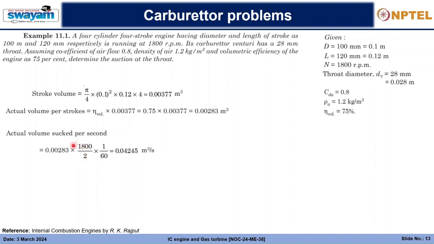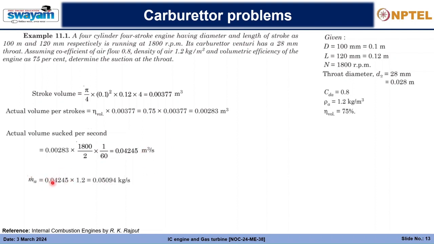So 1800 rpm means in 1 minute there will be 1800 revolutions, and the total number of suction strokes will be 900, because after these 2 cycles the suction stroke comes by, right? That's why we divide by 2 and then multiply by 1 by 60 in order to convert it to seconds, and finally we get the airflow rate in meter cube per second.